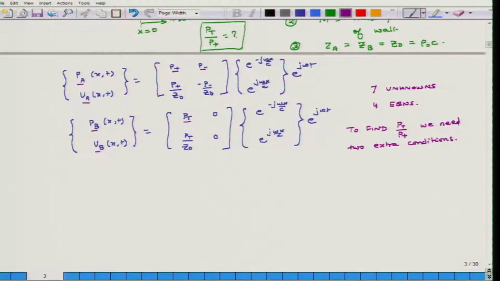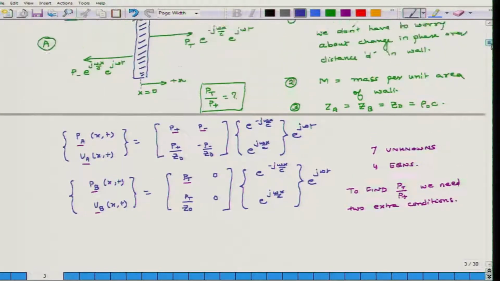So, 4 equations and 2 extra conditions will give us sufficient information to find the ratio of PT and P plus. Okay. So, that is what we plan to do. So, what are those extra conditions?